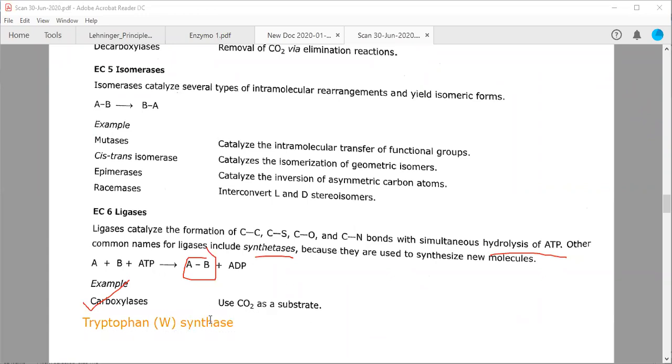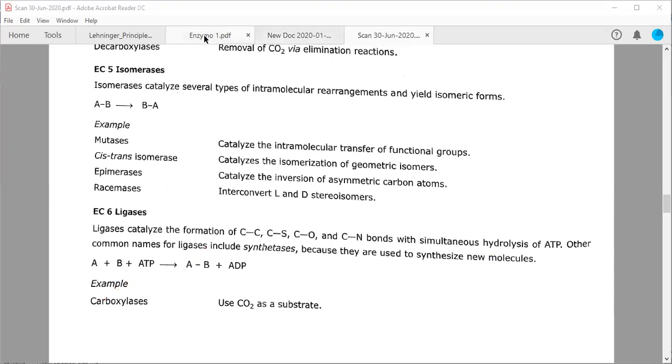Actually, this is synthase, but it will be included under the ligase class because it will use some high energy cofactor. If you do not remember the amino acid biosynthesis pathway, let me move to another PDF.